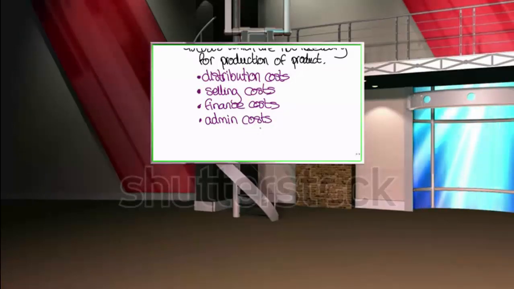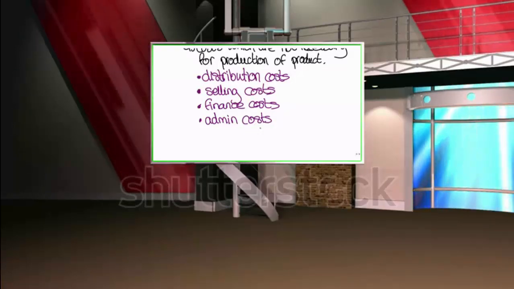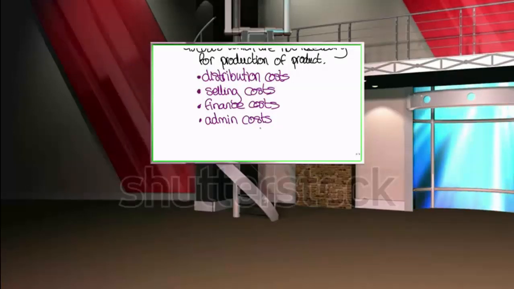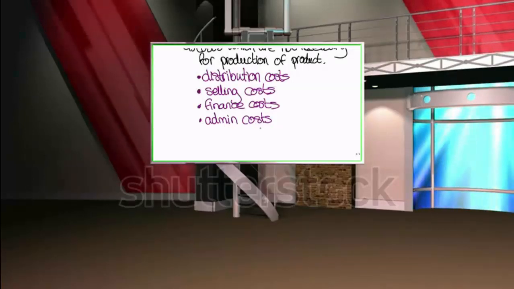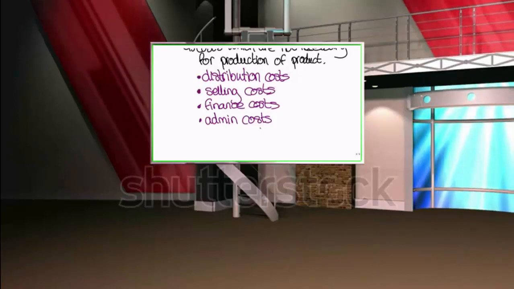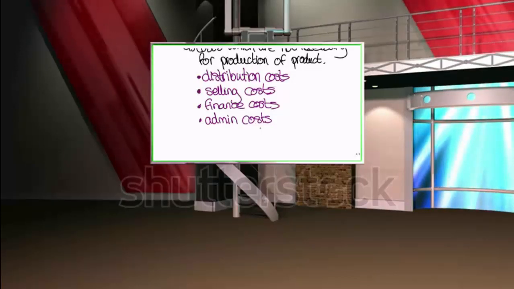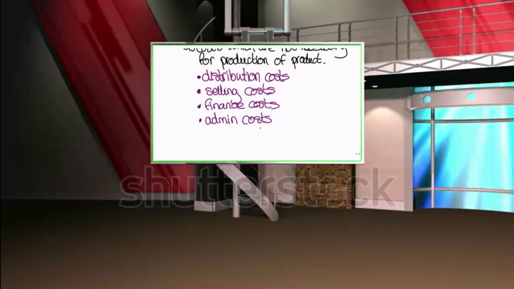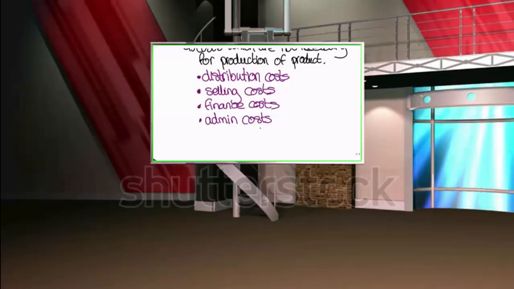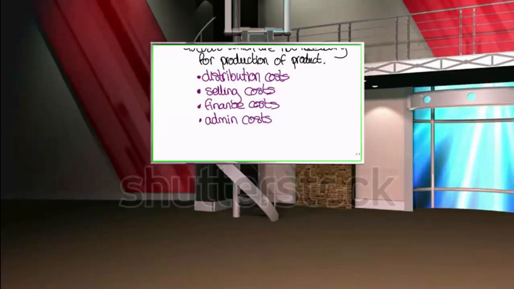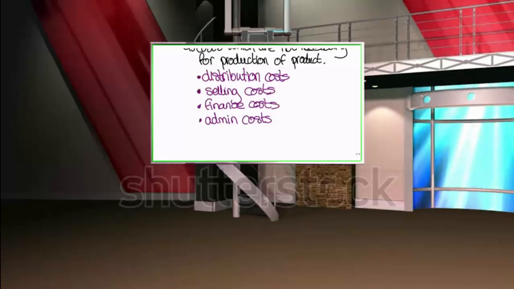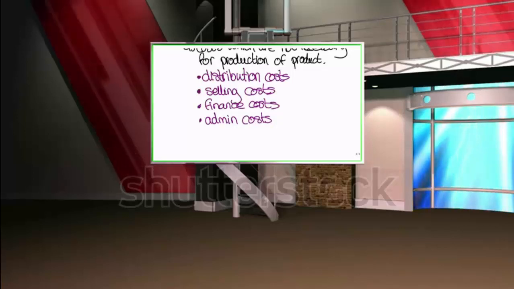Now, why do we look at this split between production and non-production costs? Who cares? Well, one of the primary reasons that as management accountants we look at this split is because this information is used by the financial accountant.